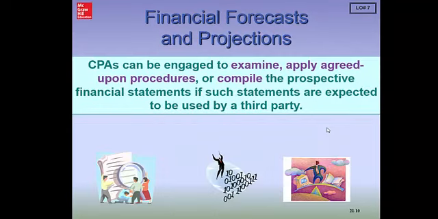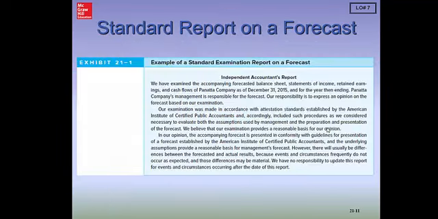So let's talk about an examination, agreed upon procedures, or a compilation. An example here is a financial forecast. And in a financial forecast, you notice that the opinion is, and this is the third paragraph, "In our opinion, the accompanying forecast is presented in conformity with the presentation of a forecast established by the American Institute of Certified Public Accountants."